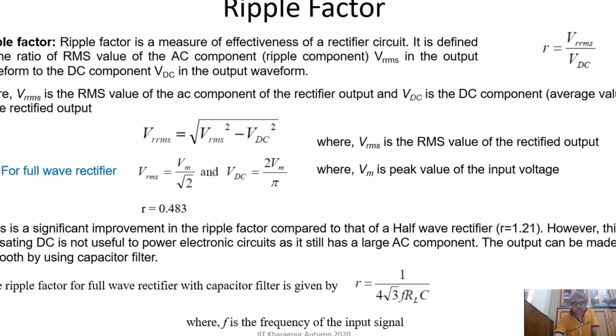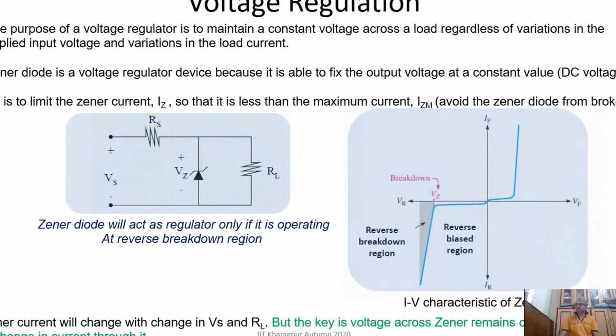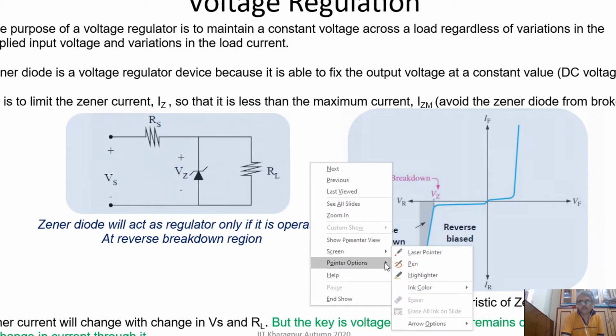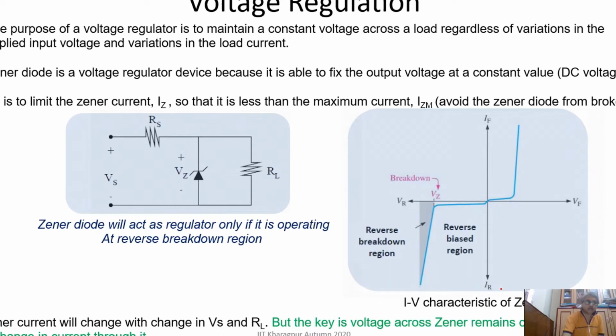So let's talk about voltage regulation. This is a typical voltage regulator circuit where we have a Zener diode, a resistor RS, and a load resistance RL, and there is a source Vs. Now this source can be the output of the filter circuit.